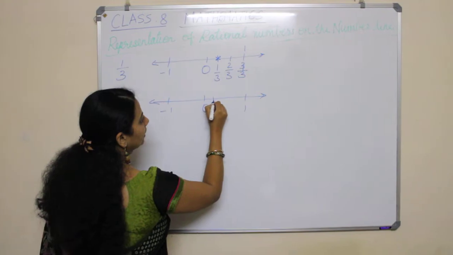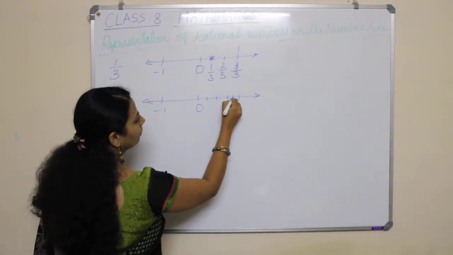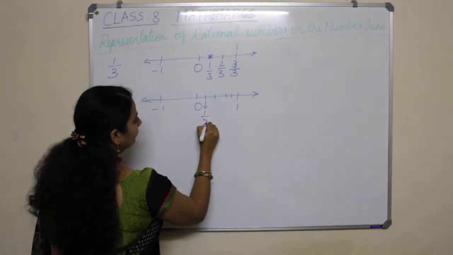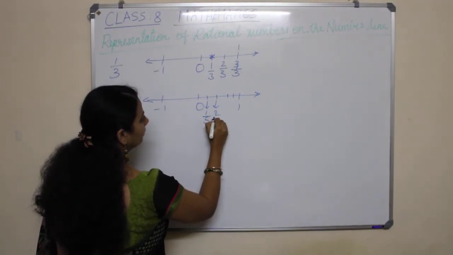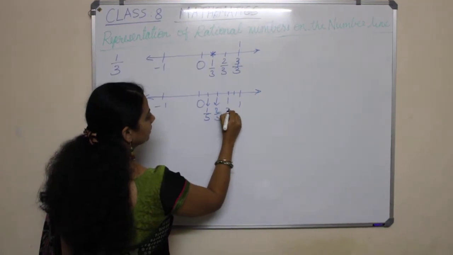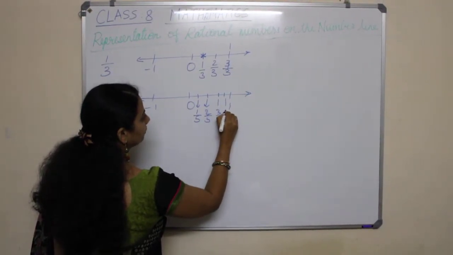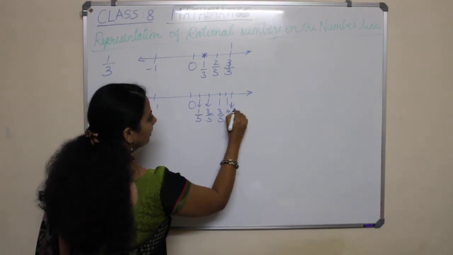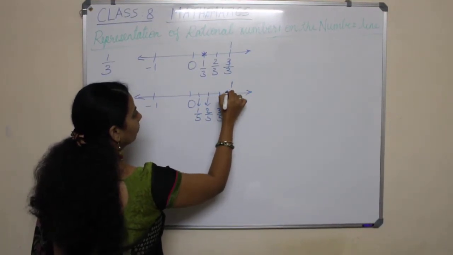So this is 1, 2, 3, 4, 5. So this is your 1 by 5. This is your 2 by 5. Here comes 3 by 5. This is 4 by 5 and this is 5 by 5. 5 by 5 is nothing but 1.